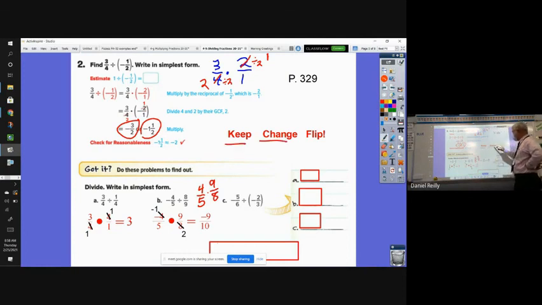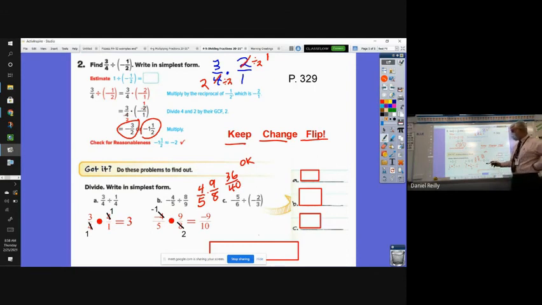Keep, change, flip. Cross reduce. And I'll say, oh, I forgot to cross reduce. And I get 36/40. That's okay. You just have to simplify this. 36 and 40 are both divisible by 4. So this comes out to 9/10. It's okay if you don't cross reduce. You just have to reduce at the end.